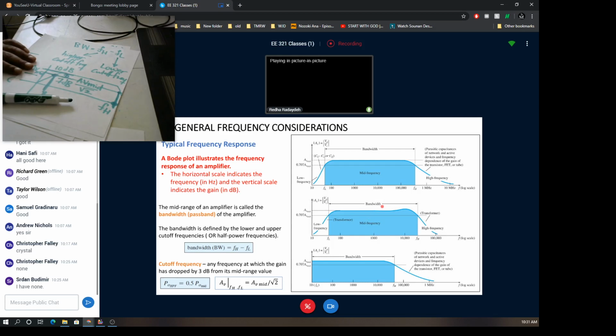Now the sketch you see here, we will learn how to construct this. This is a very famous sketch, which is the Bode plot. The Bode plot usually shows the x-axis, the frequency range in log scale, and the y-axis, which is the gain, usually voltage gain, in dB scale or decibel scale. It is not shown here in dB, but usually this scale is given in dB.